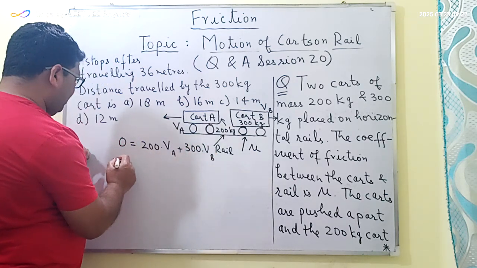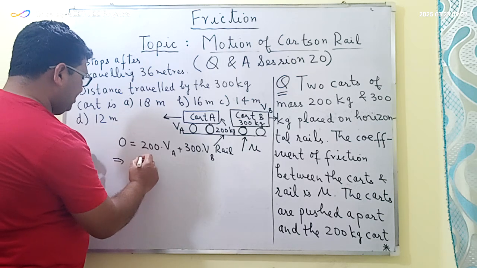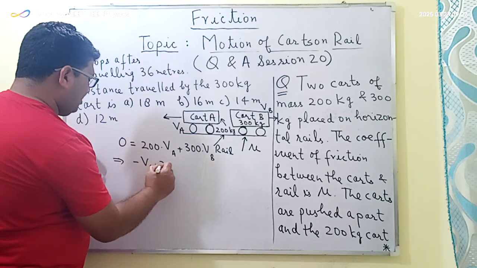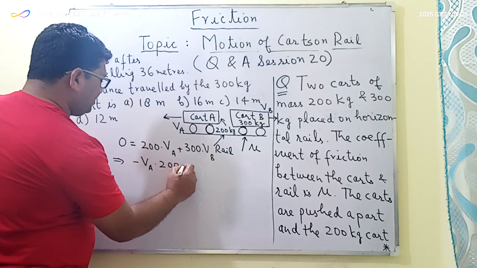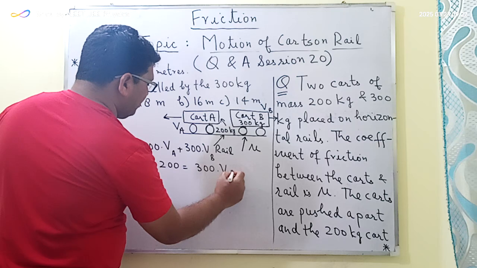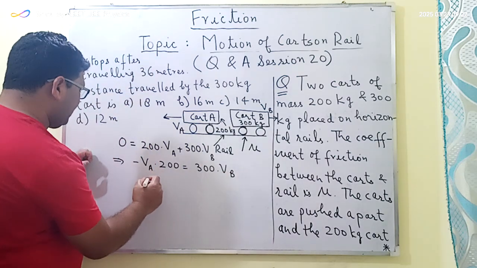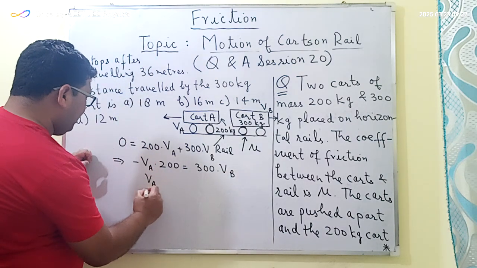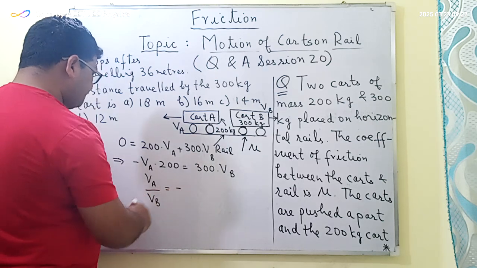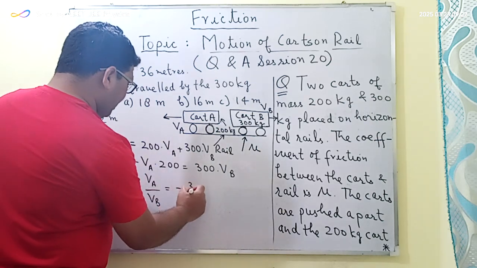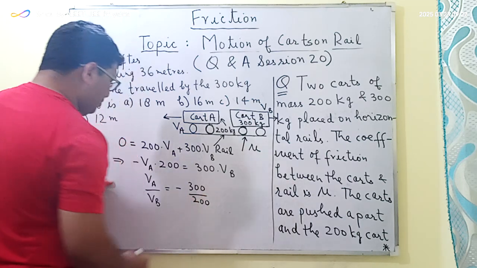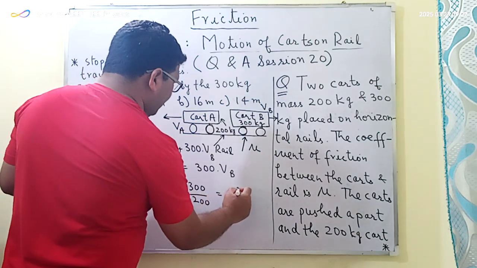From here we get minus 200 VA equals 300 VB, or VA upon VB equals minus 300 upon 200, which is minus 3 by 2.